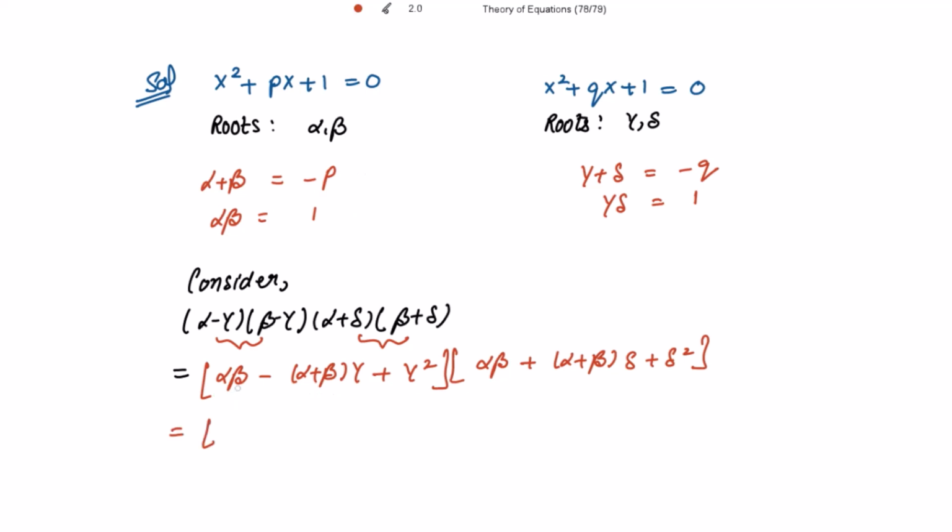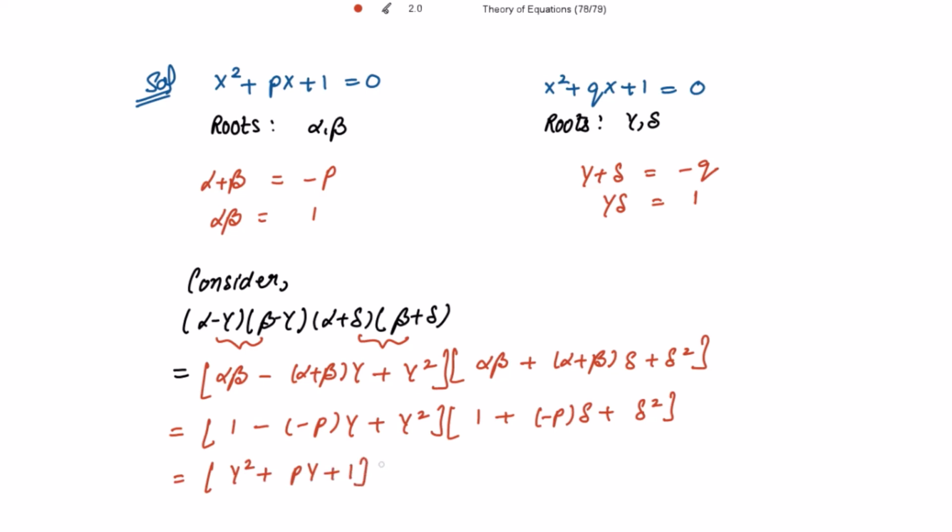So product of alpha beta is 1 minus sum of alpha beta is negative p into gamma plus gamma square, and here also alpha beta is 1 plus alpha plus beta is negative p into delta plus delta square. So we are getting gamma square plus p gamma plus 1 into delta square minus p delta plus 1, right?